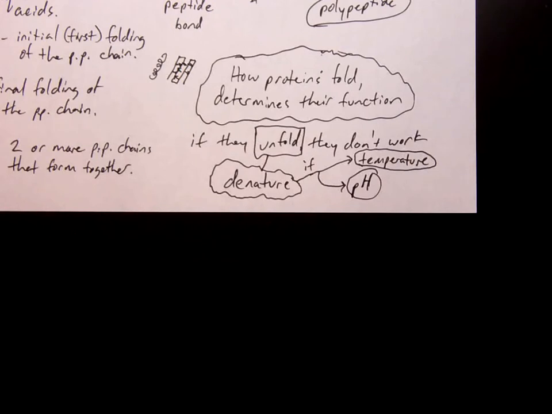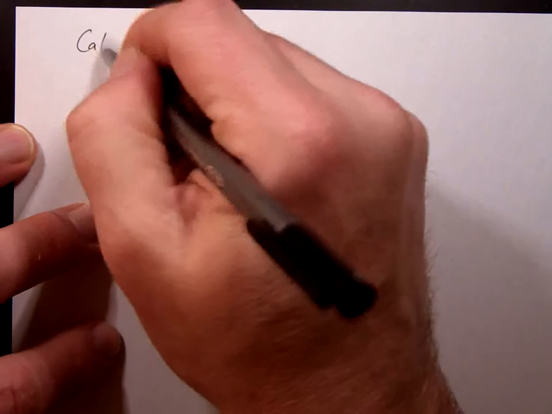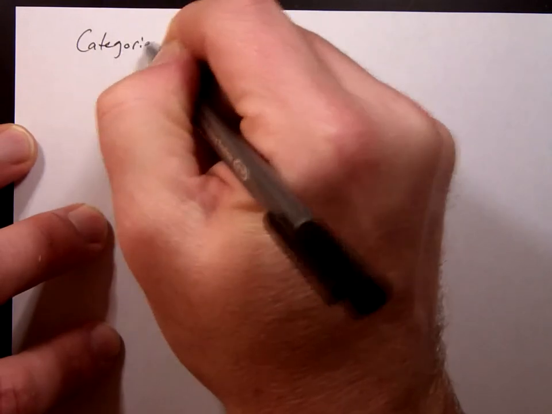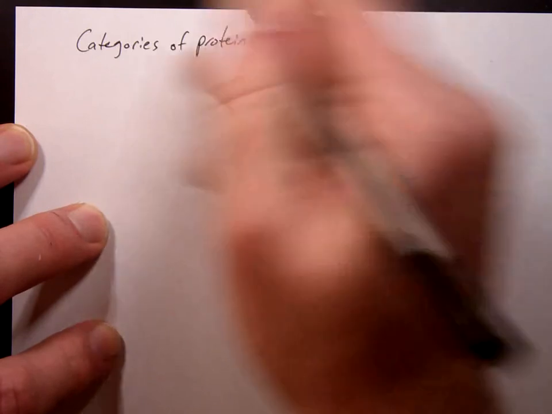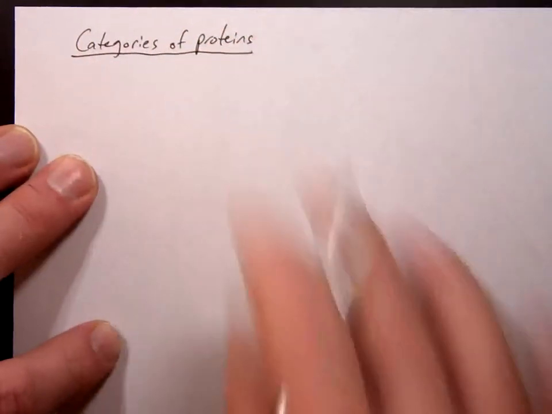Okay, beyond that, let me give you a few categories of proteins in general, and then we'll call it quits for today. Okay, so categories of proteins. Okay, first one is enzymes.